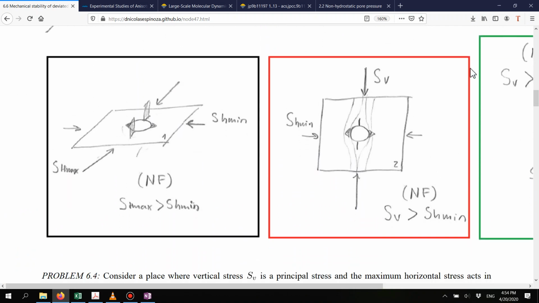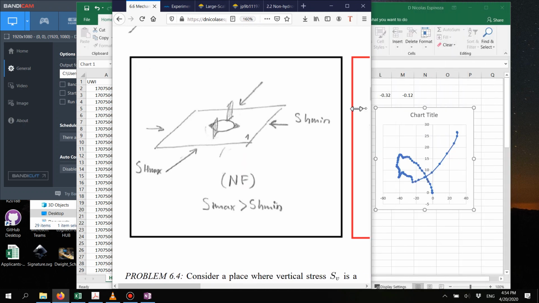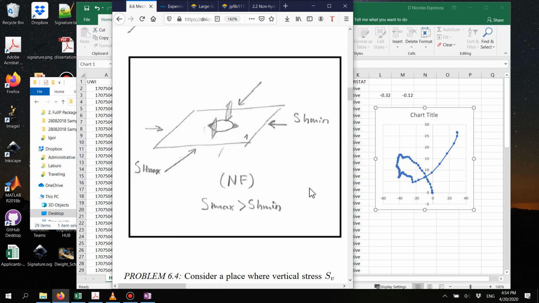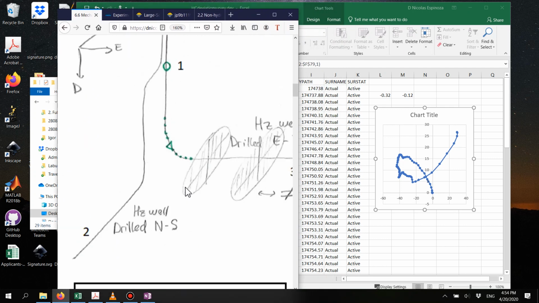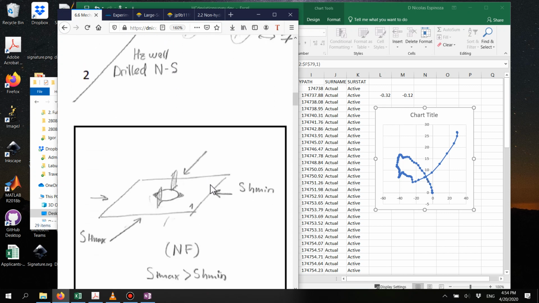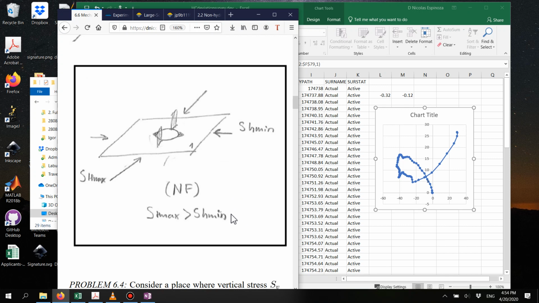And in this case, let me just show part of this drawing so you get your attention mostly on this section. In this particular cross section of the vertical part of the wellbore, and according to the stresses that we have assumed, their value and their orientation, on a normal faulting regime for a vertical wellbore, we would have in the cross section of the wellbore acting SH max and SH min.